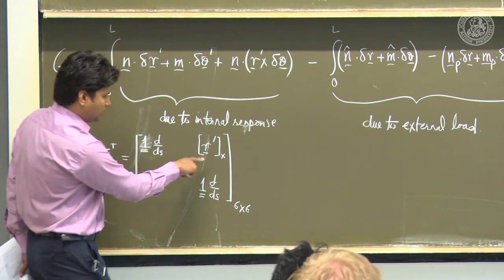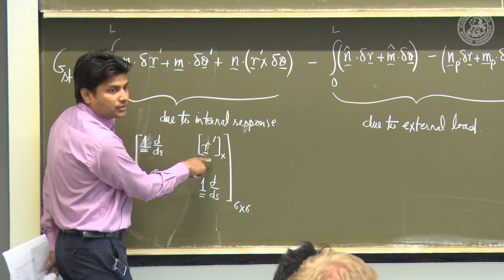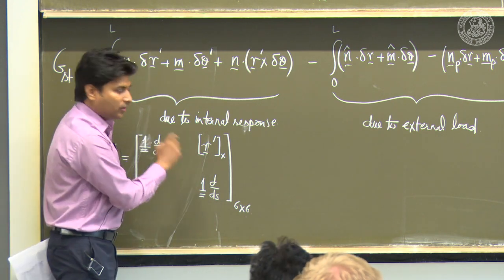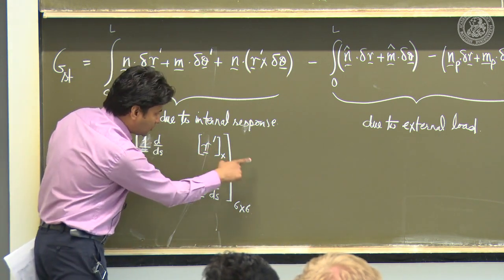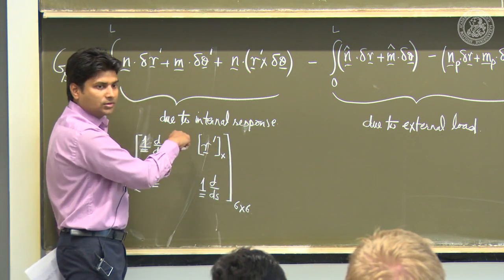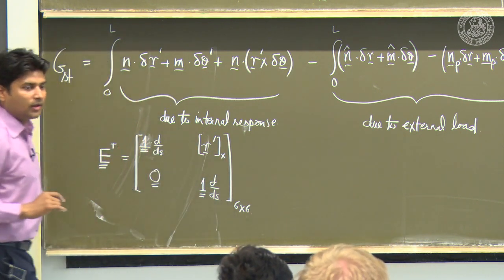All right, and this thing I will tell again is a skew symmetric tensor whose axial vector is little r prime. So, basically when this acts on any vector, it will simply become r prime cross that vector. That is why I have this cross also written here.